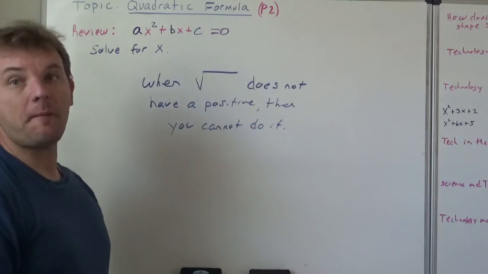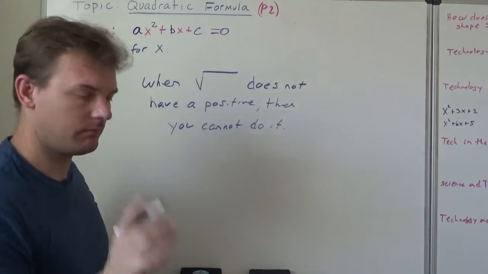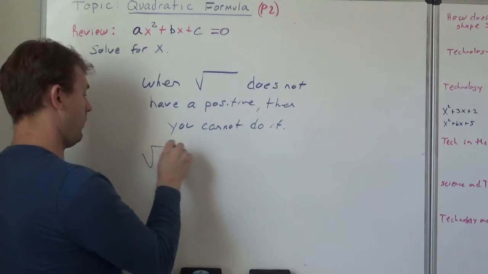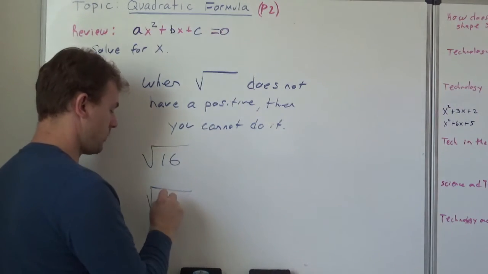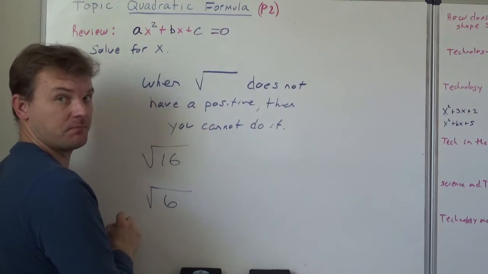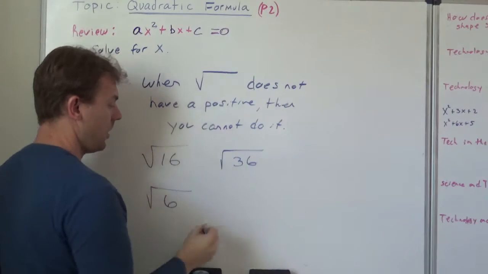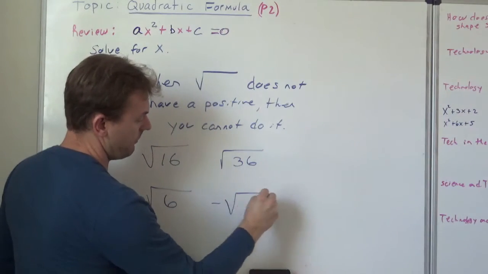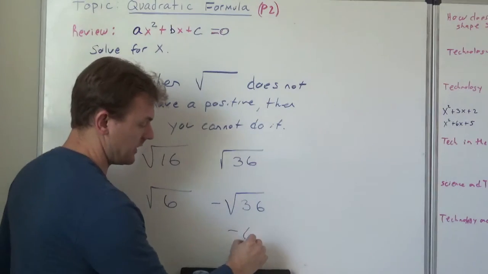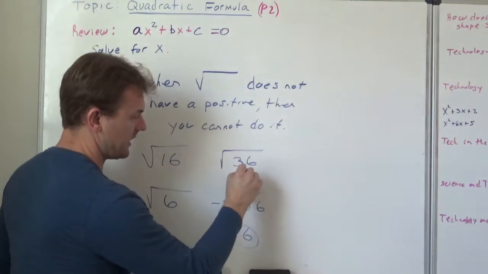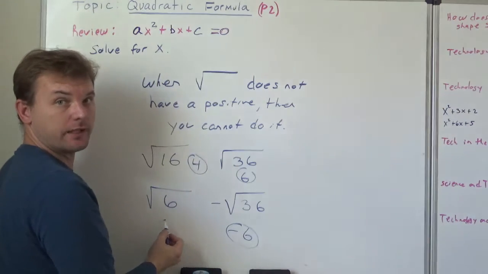You're probably thinking, what do you mean? When the square root is not a positive. Watch this. We can take the square root of 16. We can take the square root of 36. We can take the minus 36, right? That's a minus 6. This is just 6. This is just 4. Remember how to do this? You have to break this down.